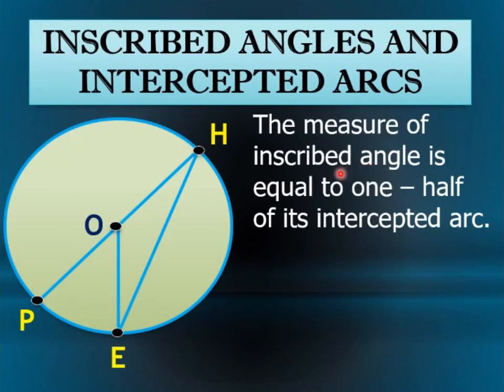The measure of an inscribed angle is equal to 1/2 of its intercepted arc. Angle PHE is an inscribed angle, and its intercepted arc is the arc PE.